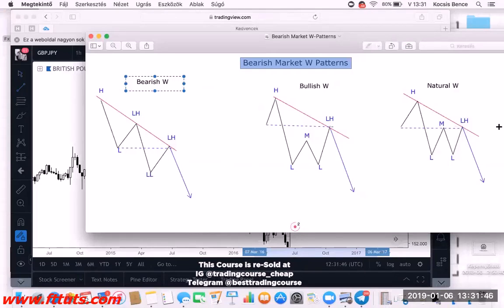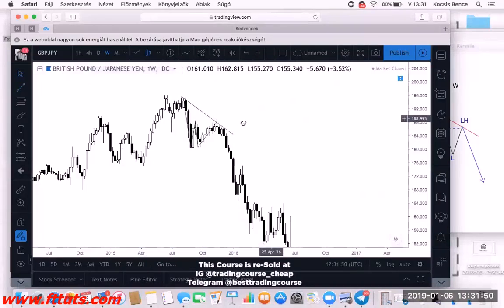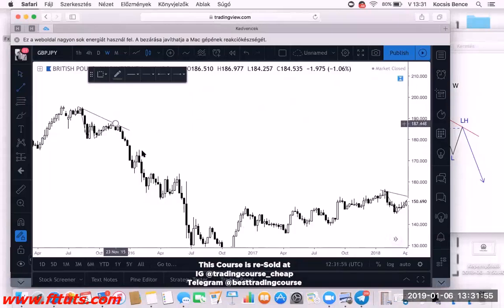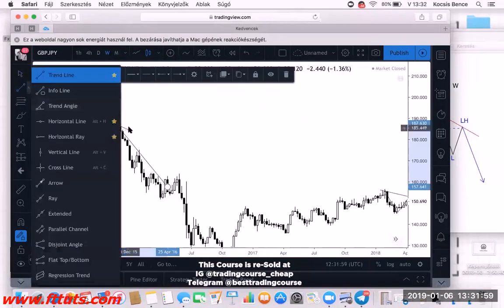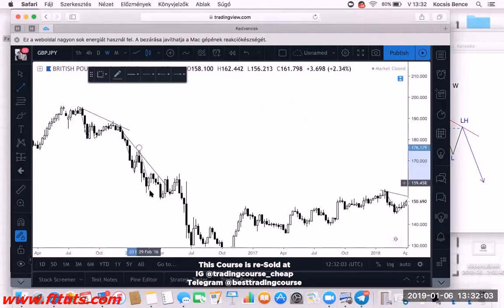This is the natural W. Here is the next pattern. Down, up, down, up. This is the bearish W.